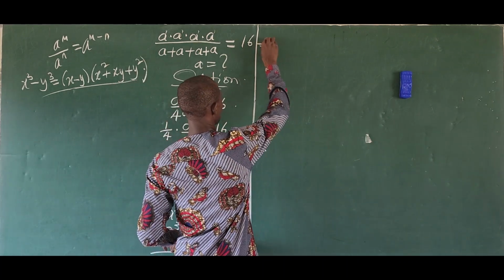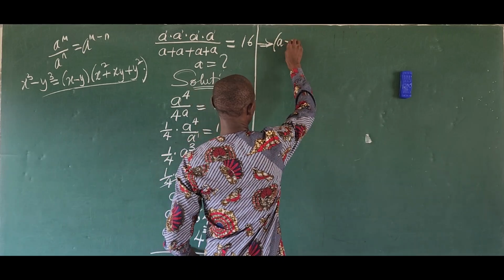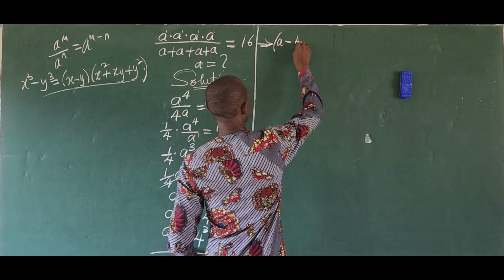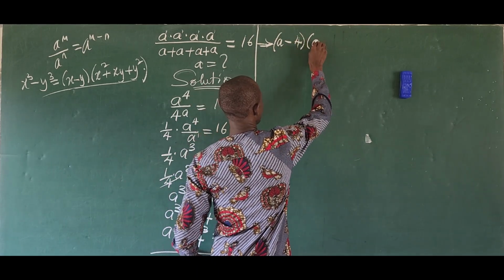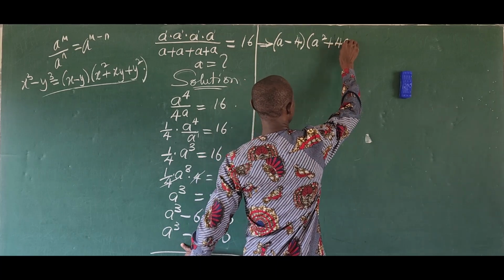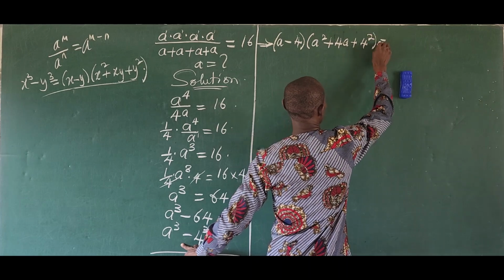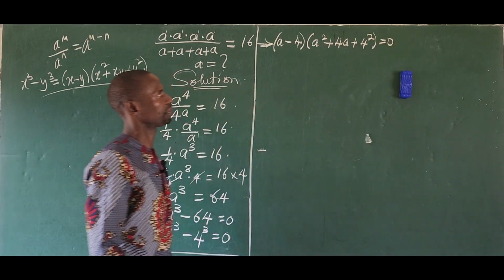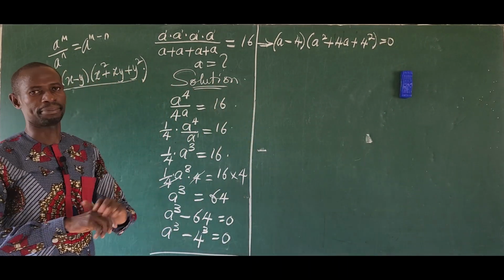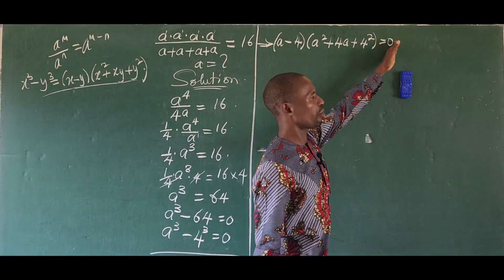So this now implies that a minus 4, close bracket, a to the power of 2 plus 4a plus 4 to the power of 2, close bracket, equal to 0. Okay. So we are having this bracket times this bracket equal to 0.